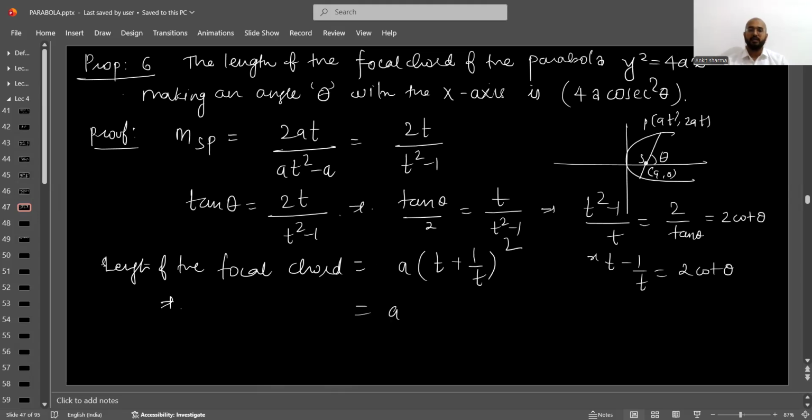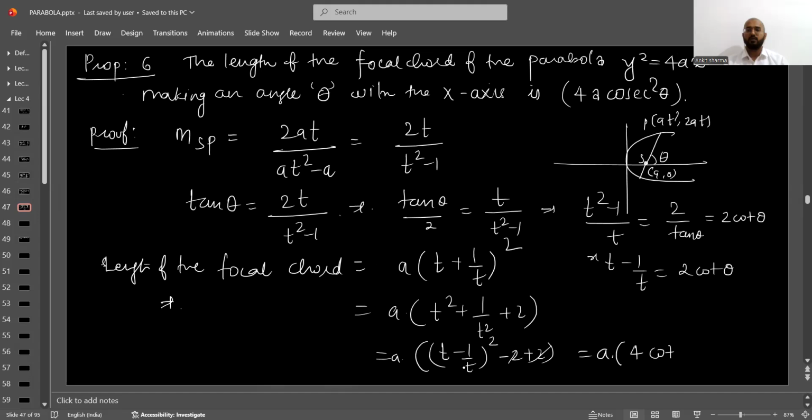Now the length is a into (t² plus 1 over t² plus 2), which can further be written as a into (t minus 1 over t) the whole squared, with t² plus 1 over t² minus 2, so plus 2 and minus 2 will be gone. Oh, wait a second.